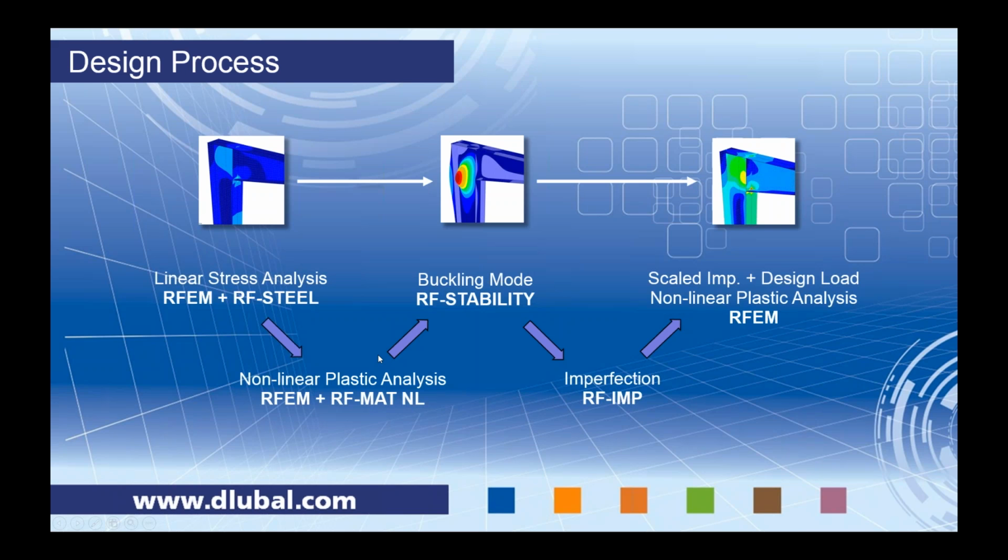Then utilizing the add-on module RF Mat NL, we'll run a plastic analysis in RFEM as well. Then we want to take a look at RF-STABILITY, and like I mentioned, this will give us some local buckling modes according to the applied design loads that we have. Then we scale these local buckling modes to create an imperfection, and then finally we end up back in RFEM where we take that scaled imperfection, add it onto the design load to run a nonlinear plastic analysis.